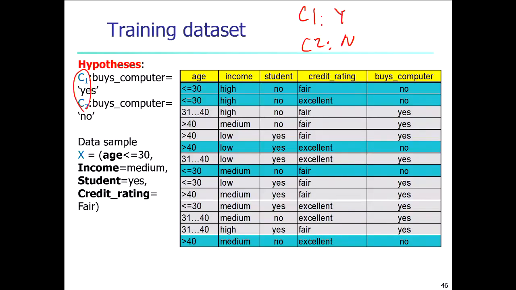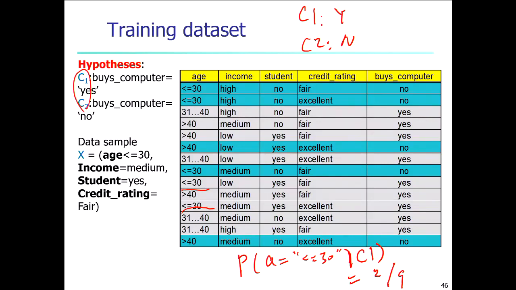For example, the probability of age smaller than or equal to 30 given C1, where C1 is yes, would be 2, because there are only 2 samples with C1 equals yes and age smaller than or equal to 30, divided by the total number of samples with class label C1, which is 9.